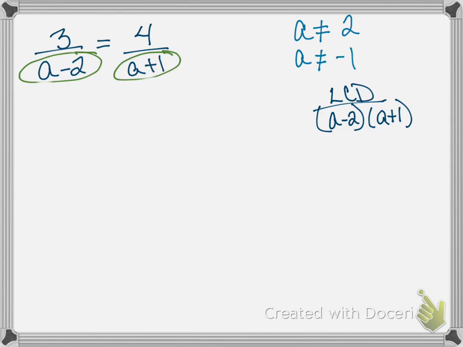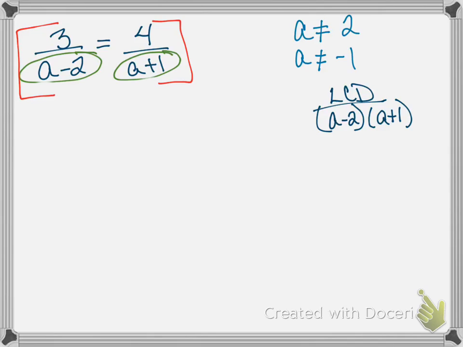But if you decided to cross multiply here, that is an acceptable way to do it.